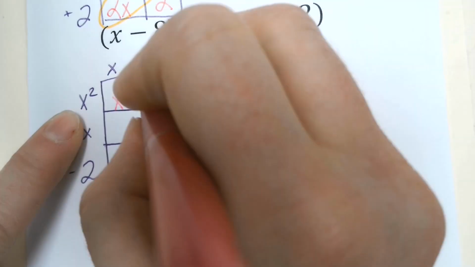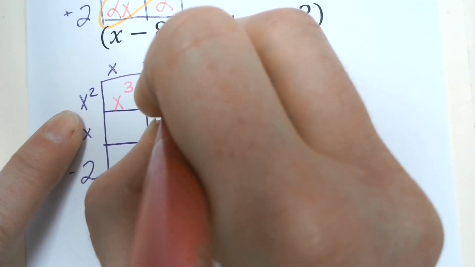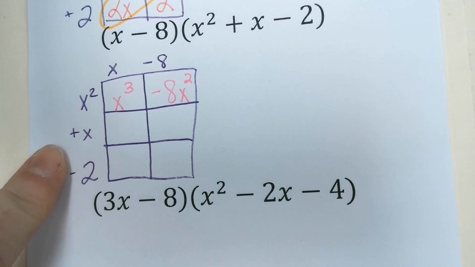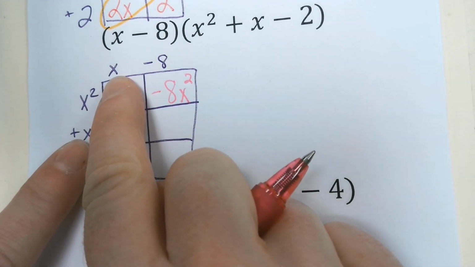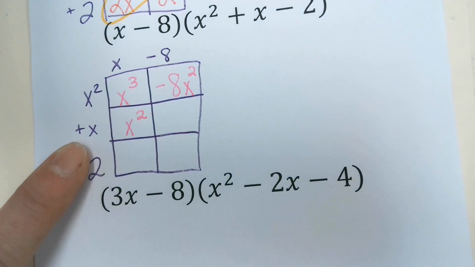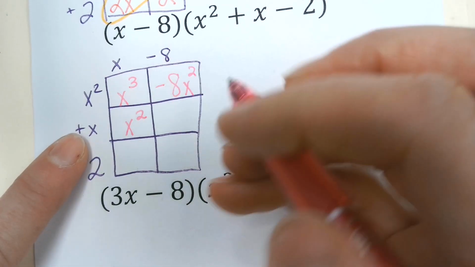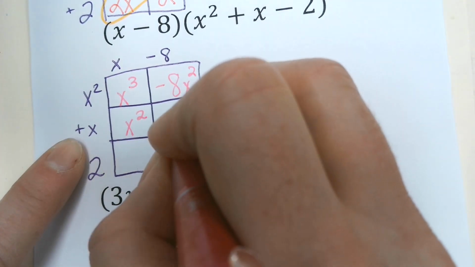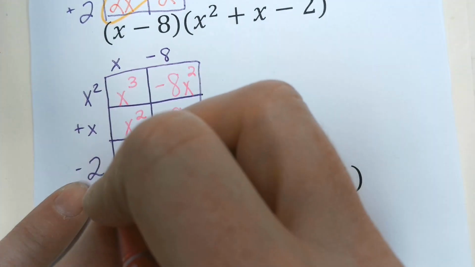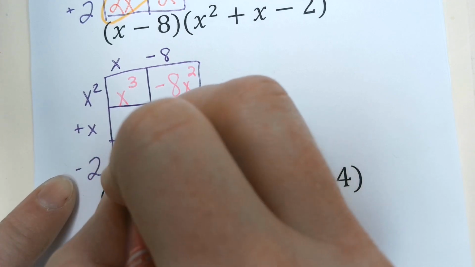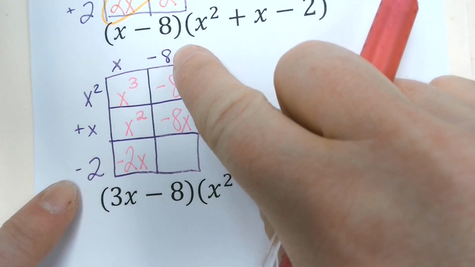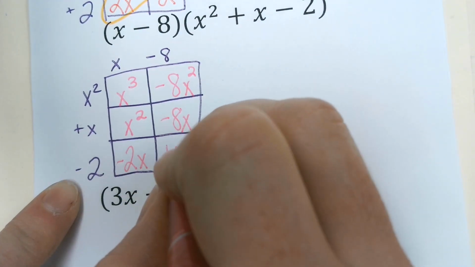Negative 8 times x squared, negative 8x squared. x times x makes x squared. Negative 8 times x. And 2 times x, oh, negative 2 times x, negative 2x. Negative 8 times negative 2, positive 16.